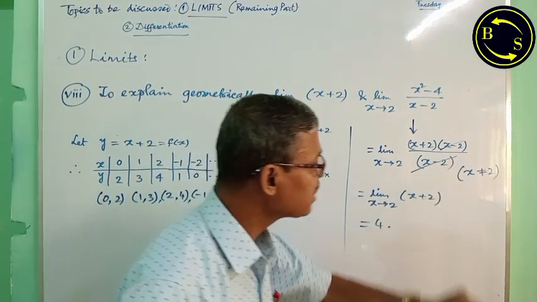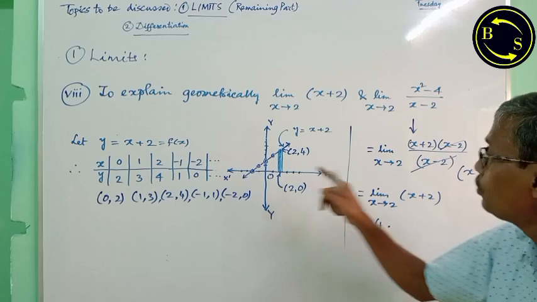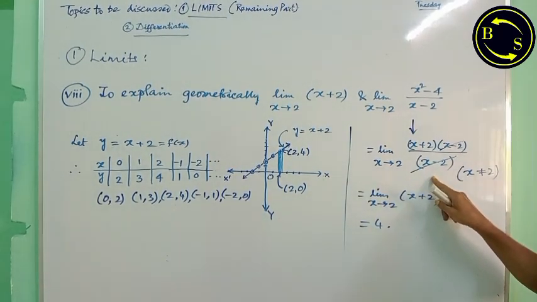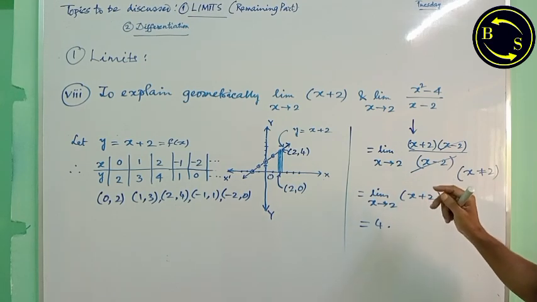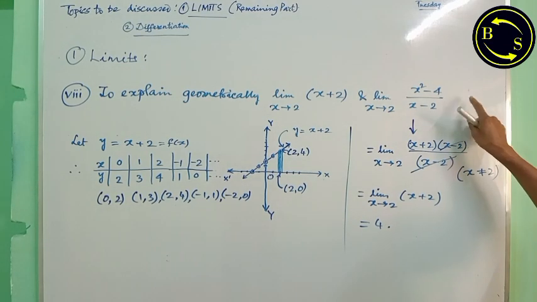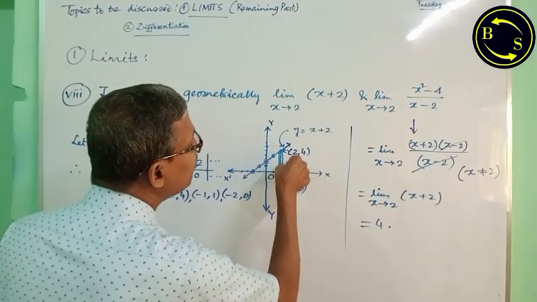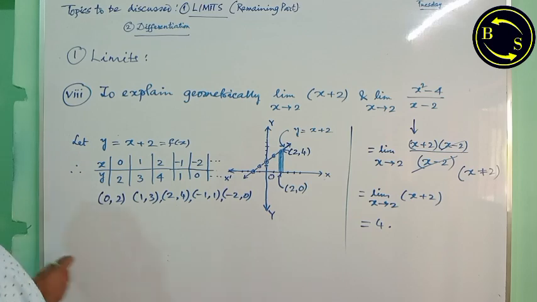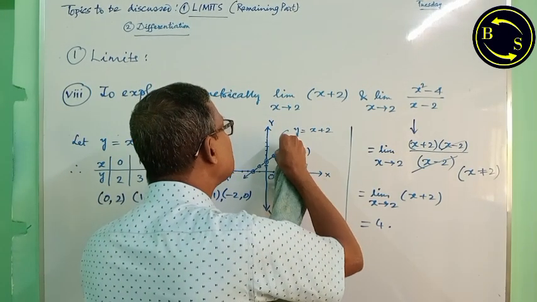Now, in case of x equal to 2, what will happen? x equal to 2 means x minus 2 will be 0. That means division by 0, that is undefined. If we draw the graph of this one, here at this point we shall not get a value.